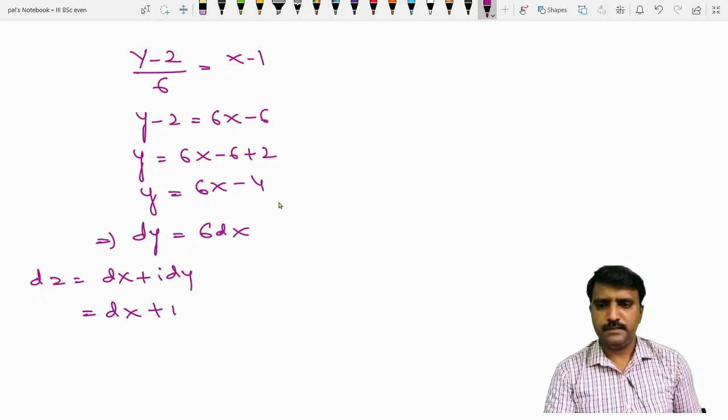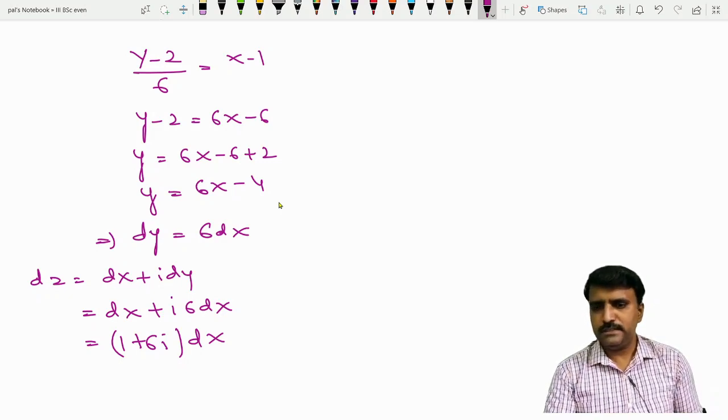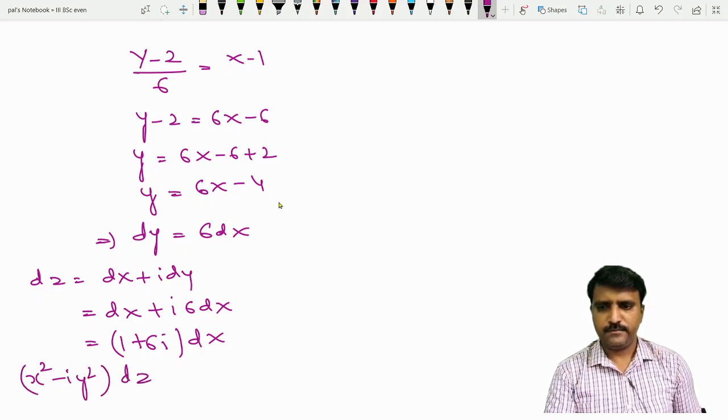dx plus i dy can be written as 6dx, which is equal to 1 plus 6i into dx. So now use all this in the formula. Now what is this? x square minus iy square into dz, which is equal to x square minus i.